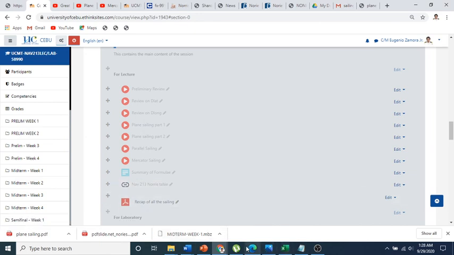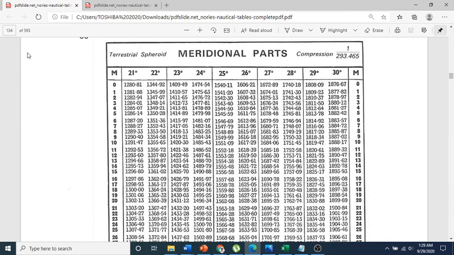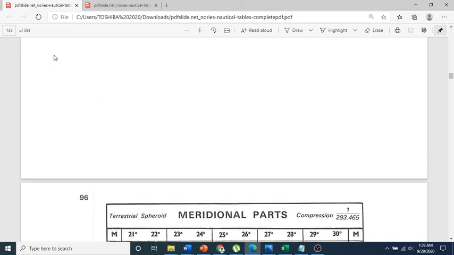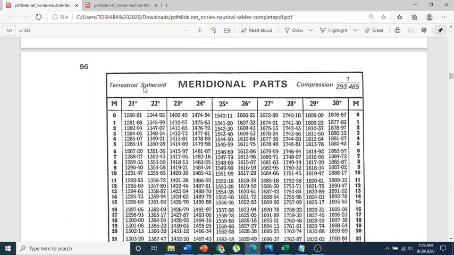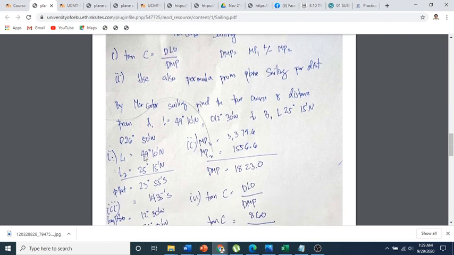So I already downloaded this. This is the original parts. It started in page 132. So for example, 29 degrees 1 minute. In this example, 49 degrees 10 minutes.